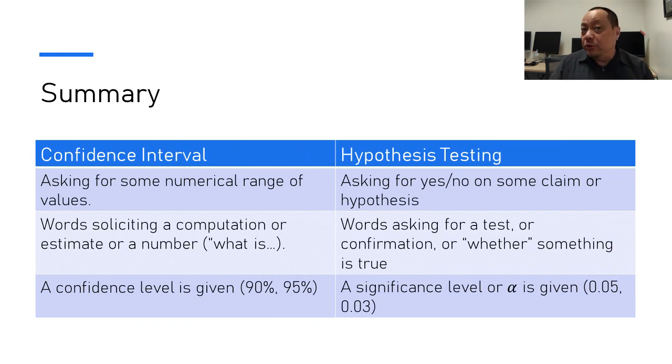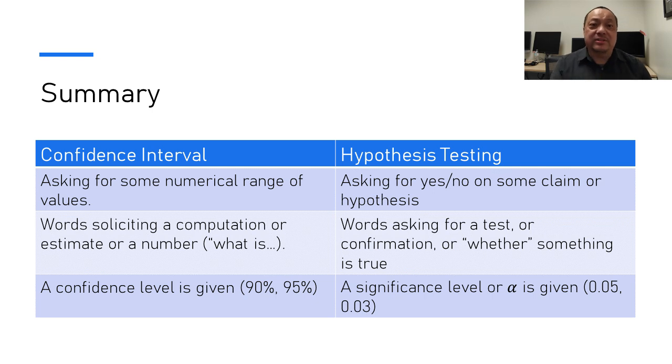So quick summary before I do some examples. A confidence interval question asks for some number or numerical range of values. It uses words that solicit a computation or estimate of a number or range of numbers. For a complete question, the confidence level is given, and this is usually a high percentage, such as 90% or 95%.